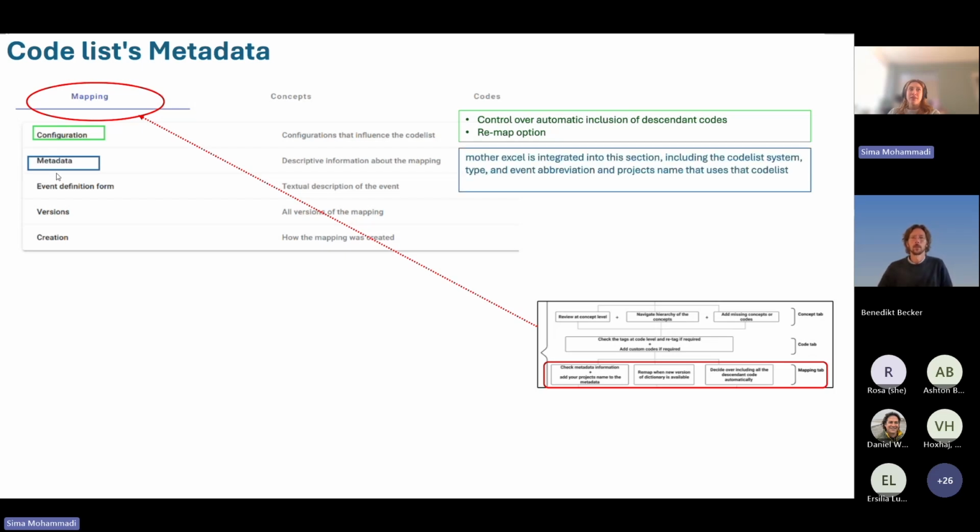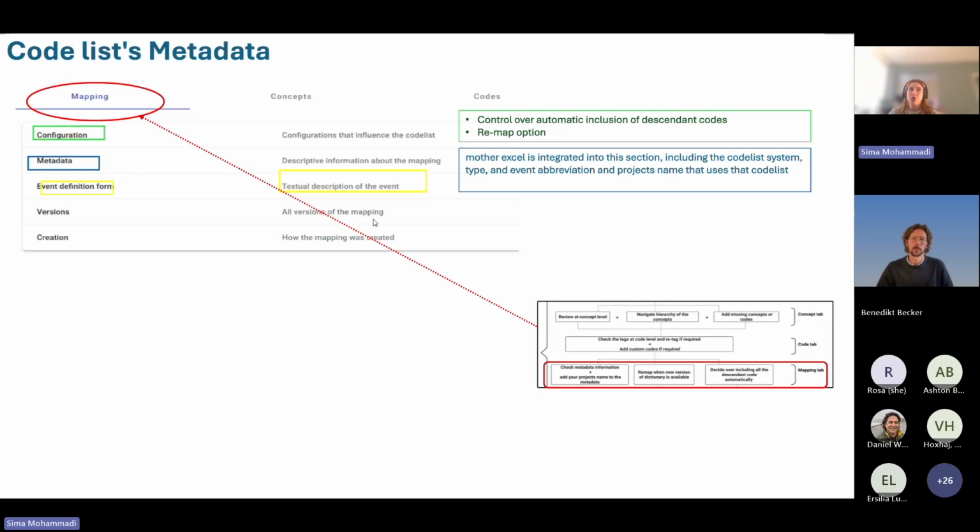Then the next tab is metadata. We used to have Excel for including all the metadata information; now we have integrated it into CodeMapper. By checking the metadata, you can check the code list properties and project name, and there's an option to edit if you want to. We have an event definition form template here, so you can append your event definition form to the code list.